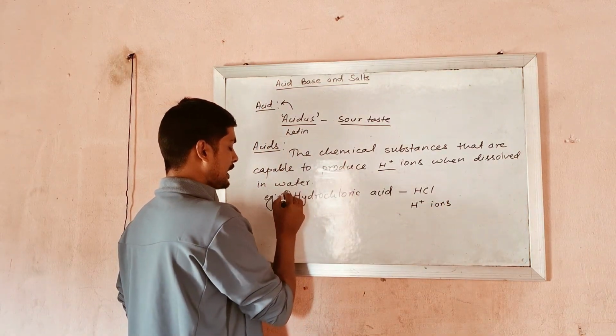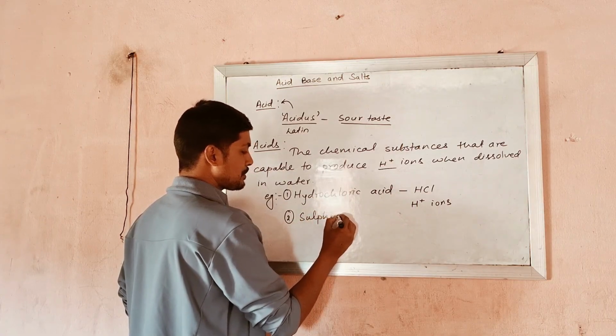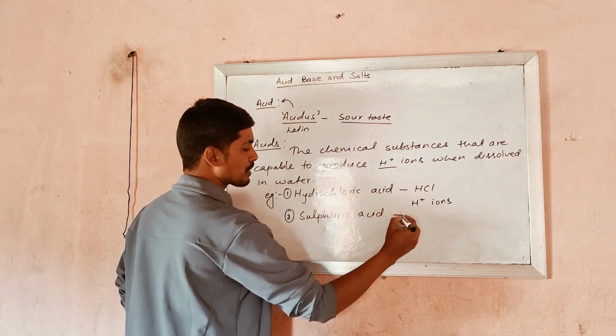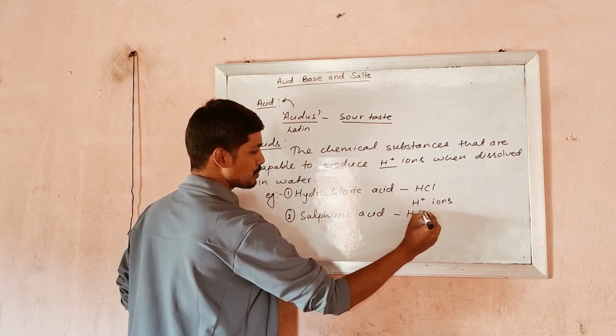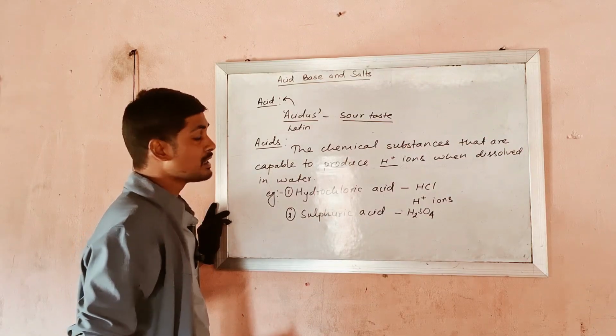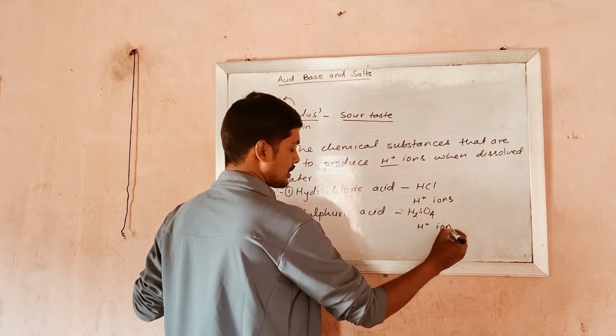Similarly, we have another acid, sulfuric acid, whose molecular formula is H2SO4. It also gets dissociated in water and gives H plus ions.